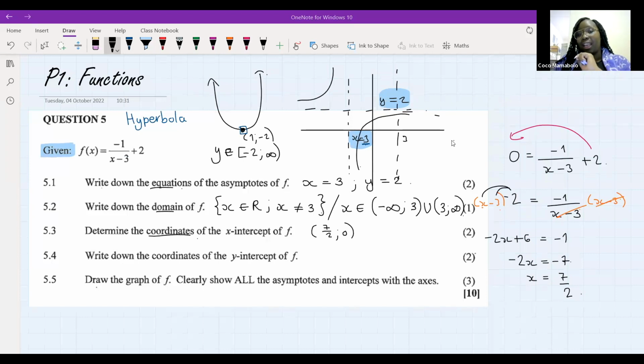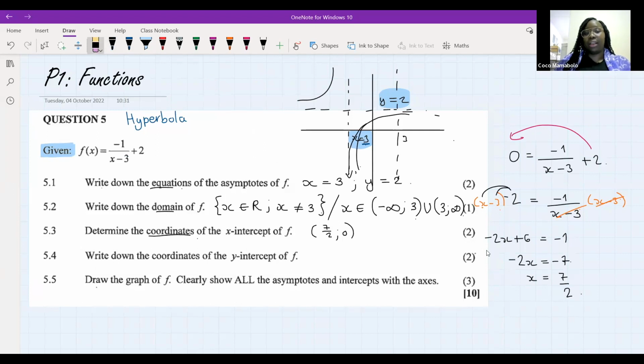If this line was just there and the graph could actually touch the line, but it couldn't go over it, then we would use square brackets to show that 3 is also included. But in this case, because it's not, we draw round brackets instead of square. I hope that answered your question, Masudi. Let me know if it did. If it didn't, I'm happy to explain again.